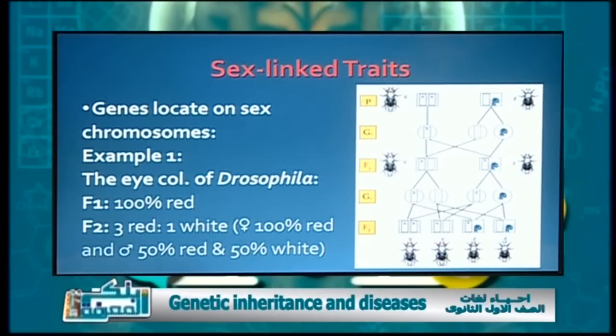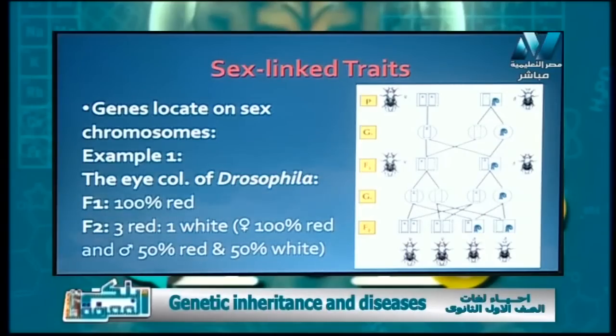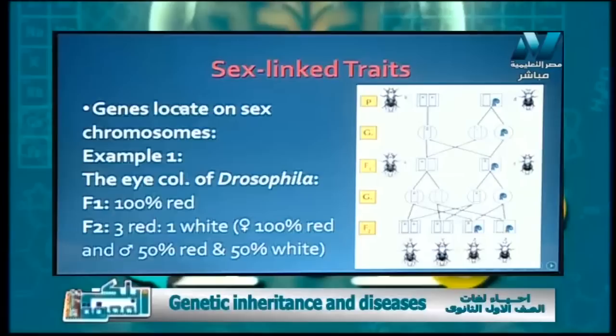The sex-linked traits means the genes present on the sex chromosomes. So we are going to talk about the sex chromosomes, X and Y. These genes are located on the sex chromosomes, and we have an example here.